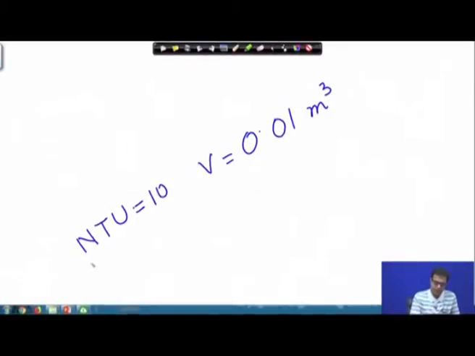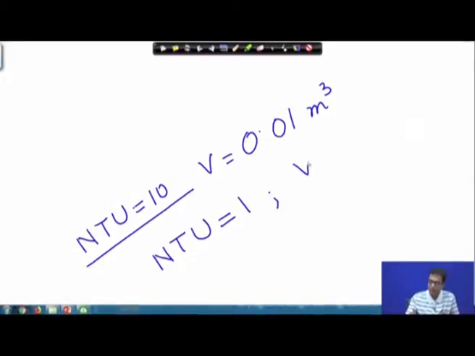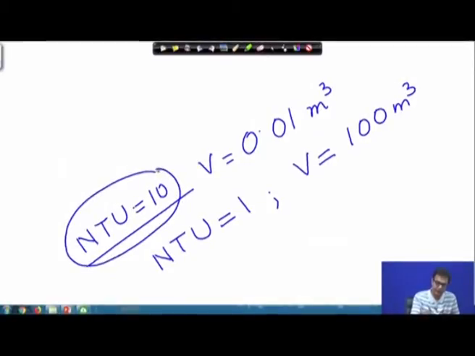So, in another case, in a chemical plant, a shell and tube heat exchanger may have an NTU of 1, but it may have an overall core volume of say 100 meter cube. So, this is in contrast, that it is not necessarily that a larger NTU will correspond to a larger dimension of the heat exchanger.